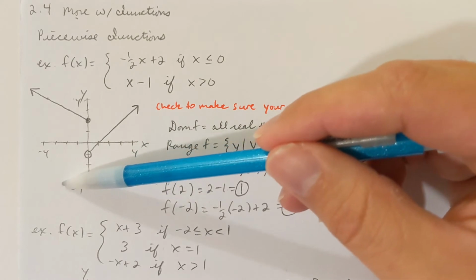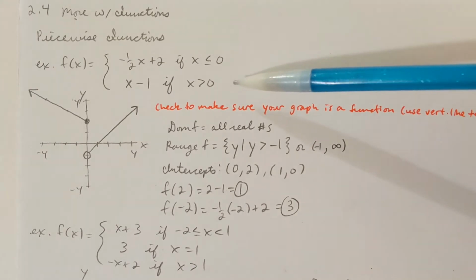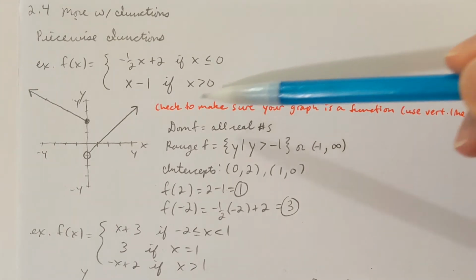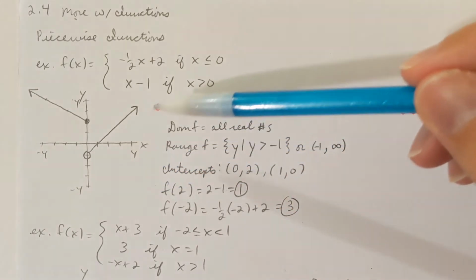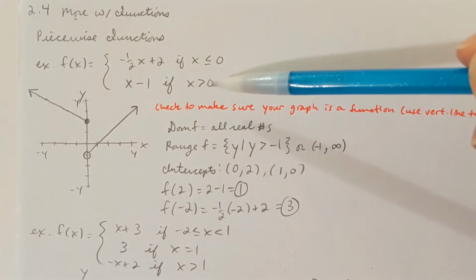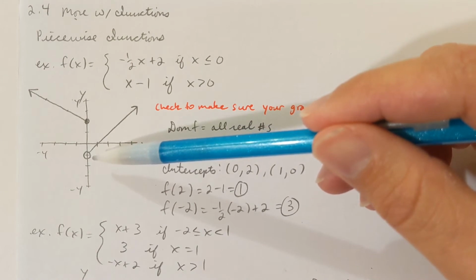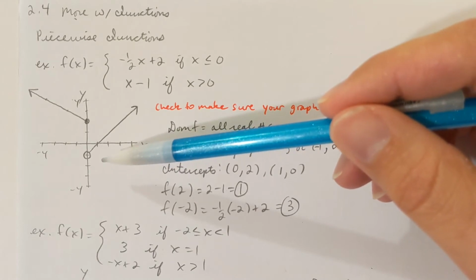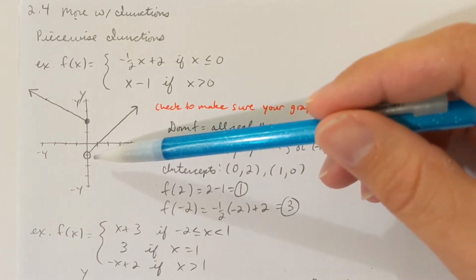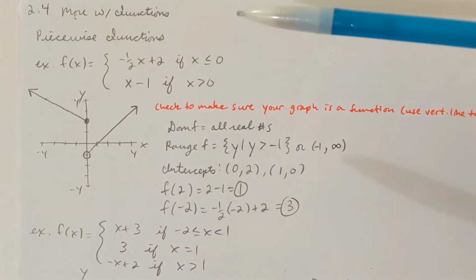Okay, and so I've got this line here. Now I only want to keep the part of the line where x is greater than 0. So anything less than or equal to 0, I don't want to include. Okay, x is strictly greater than 0, so at 0, negative 1, which is the point where the y-intercept is going to occur, we don't want that to be on the graph.